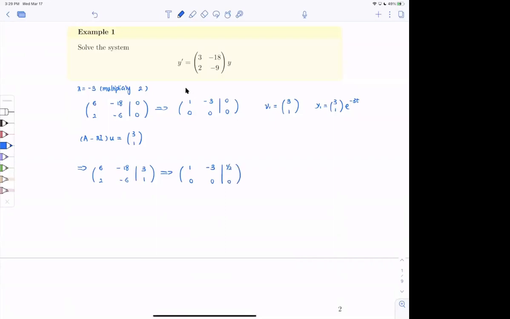So that means my u is going to be (1/2, 0) plus (3, 1) t. So my y2 is going to be (3, 1) t e to the -3t plus e to the -3t times this: (1/2, 0) plus (3, 1) t.